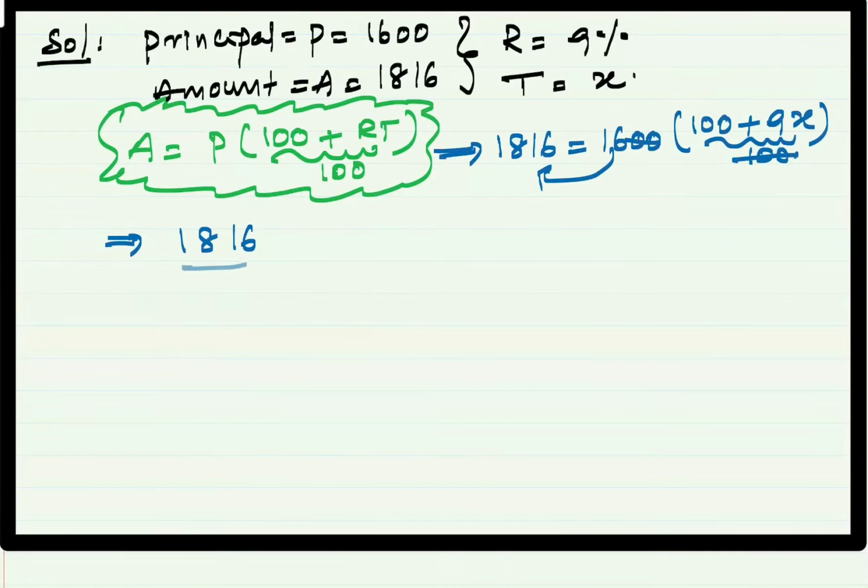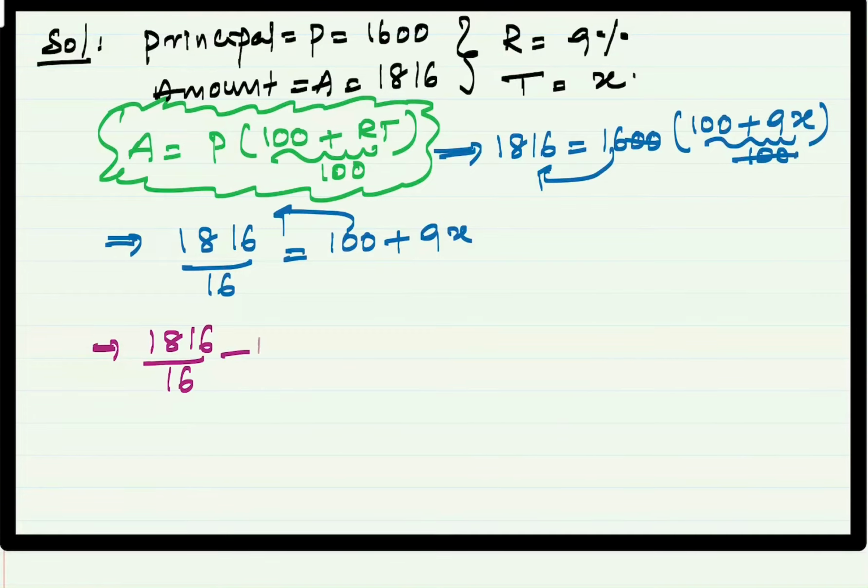So from right to left it becomes the denominator. So 1816 by 16 equal to 100 plus 9X. So next, this 100 we have to take from right to left. So it becomes 1816 divided by 16 minus 100 equal to 9X.